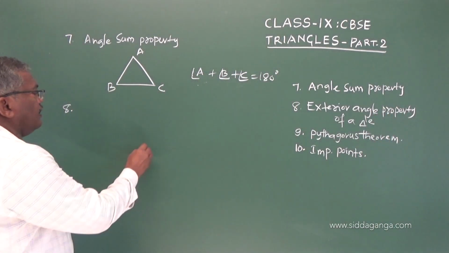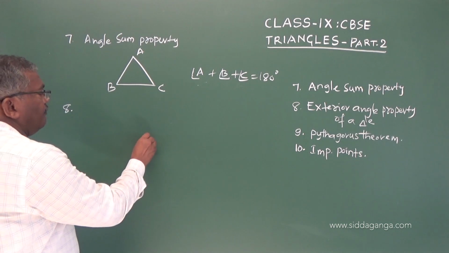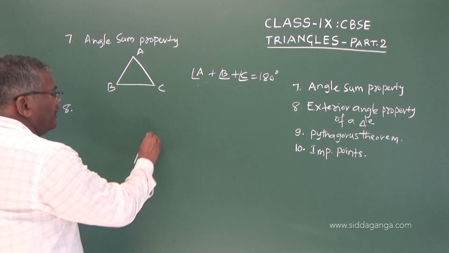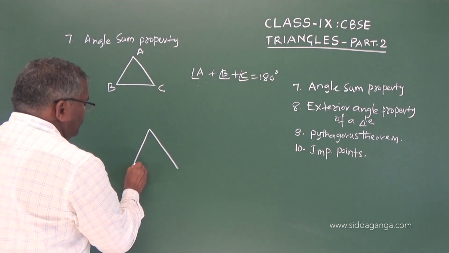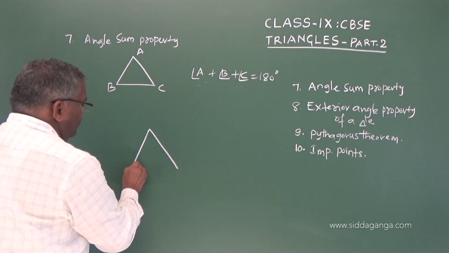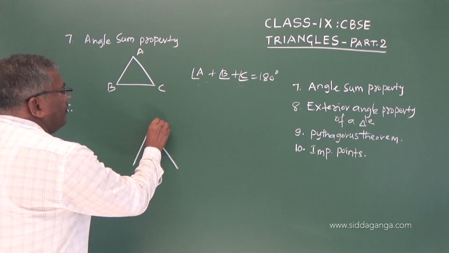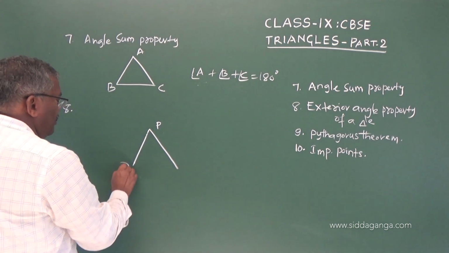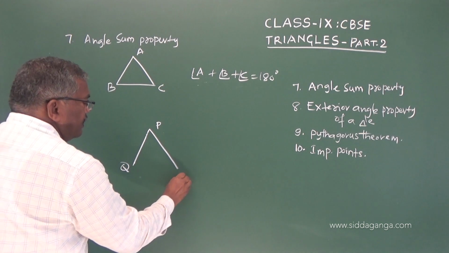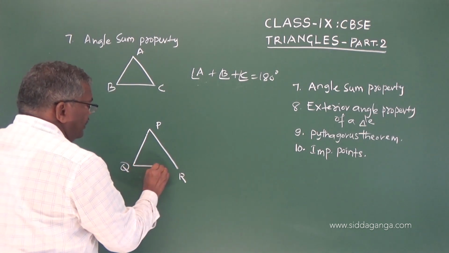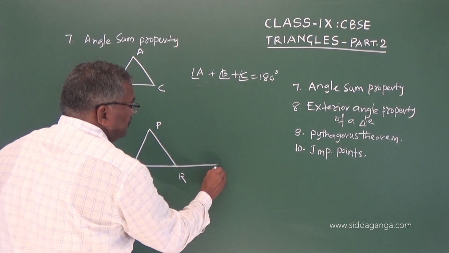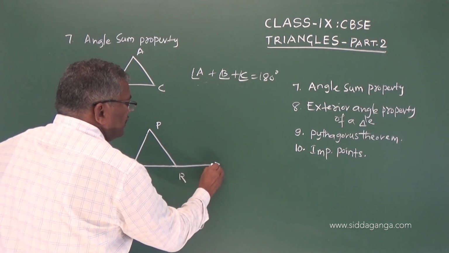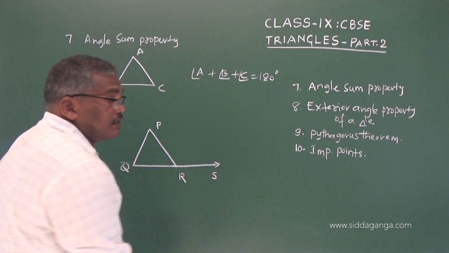In any triangle, if one of the sides is extended, say this is a triangle PQR, and QR side is there. Suppose I extend this QR line up to a certain length to get another point, let us say S.